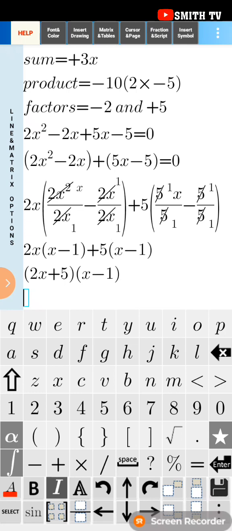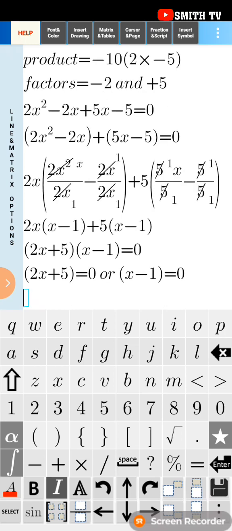So I've done this. Now to get my final answer, I will separate equal to 0 because this is a quadratic equation. So I will separate this bracket now. That is open bracket, 2x plus 5, close bracket, equal to 0, or open bracket, x minus 1, close bracket, equal to 0.